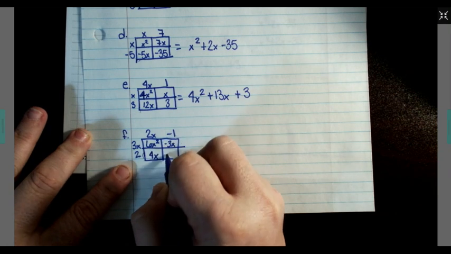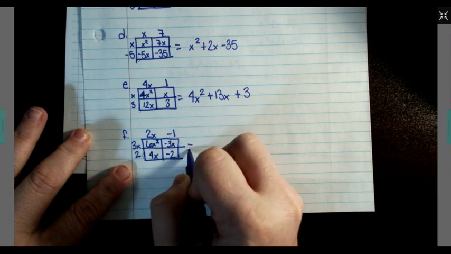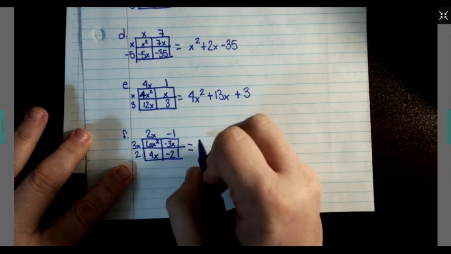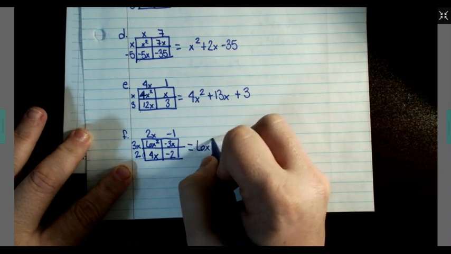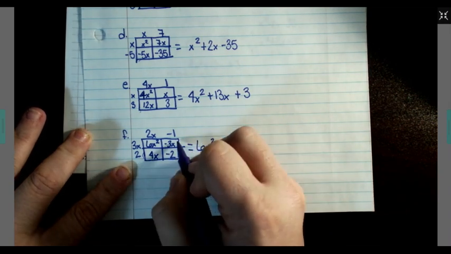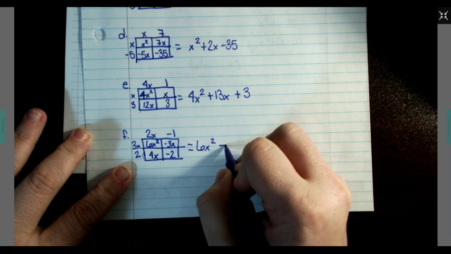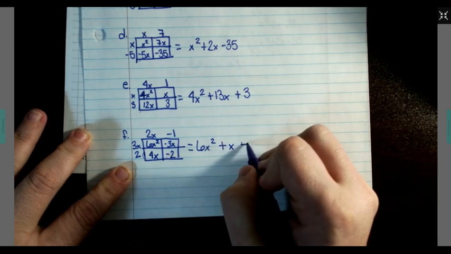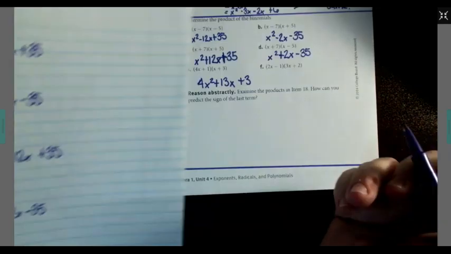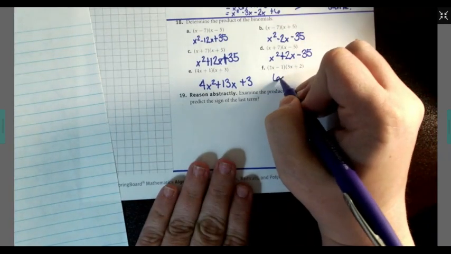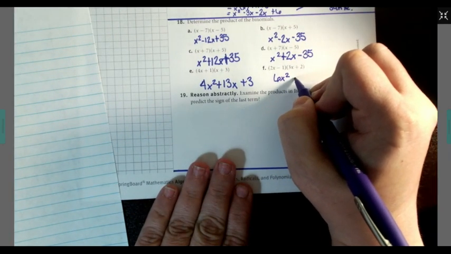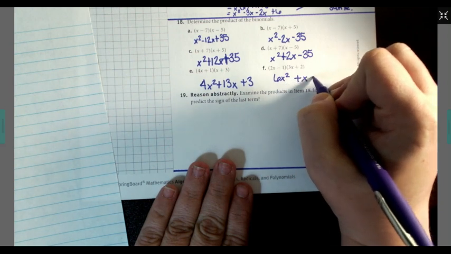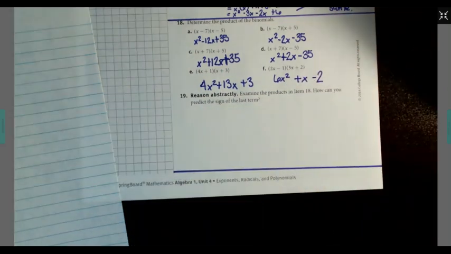And 2 and negative 1 is negative 2. I have 6x squared. I have a positive 4 and a negative 3, so that's a positive x. And then I have negative 2 here. So 6x squared plus x minus 2.